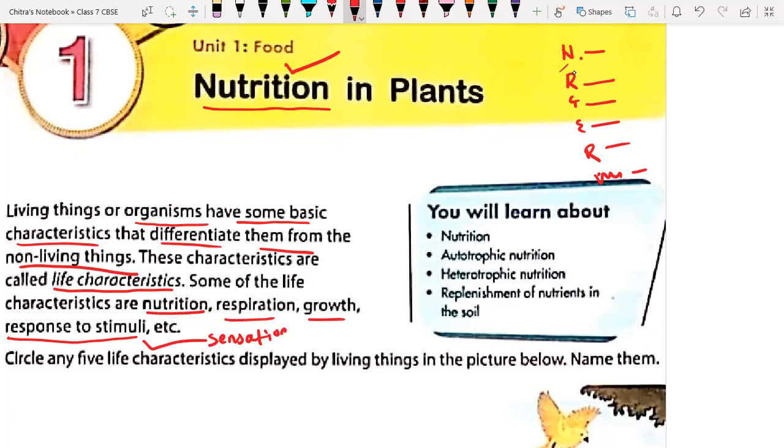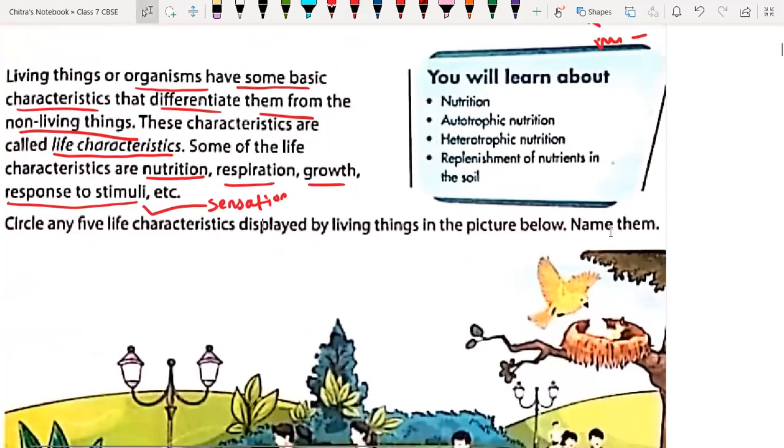Now we are going to understand the important points that we are going to cover here. First we will understand nutrition. Then we will discuss autotrophic and heterotrophic nutrition and replenishment of nutrients in the soil. We will discuss all these points in this chapter.